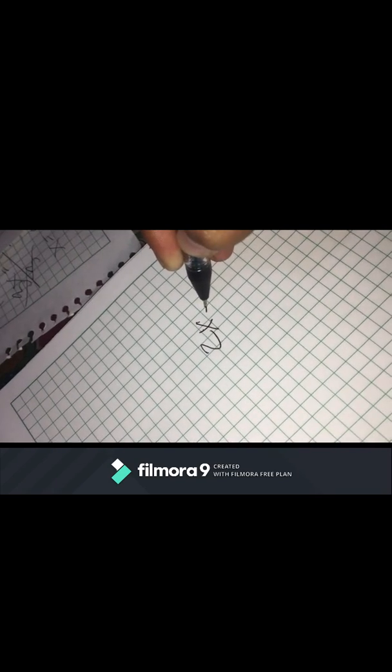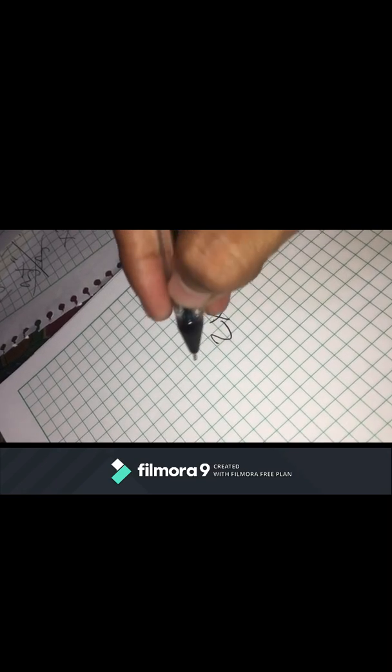So for our last example for mastery, guys, we have a 2 times negative 3 plus 9.